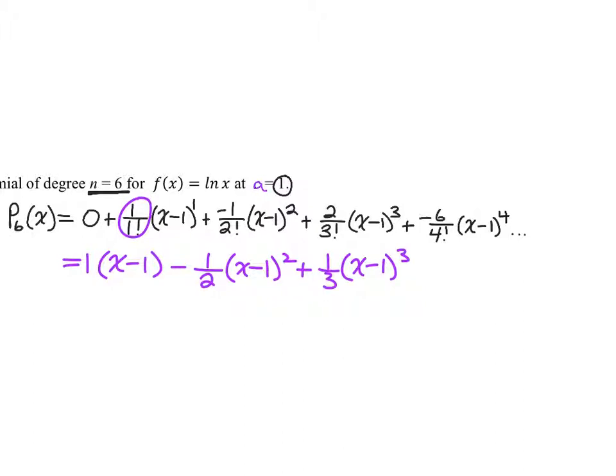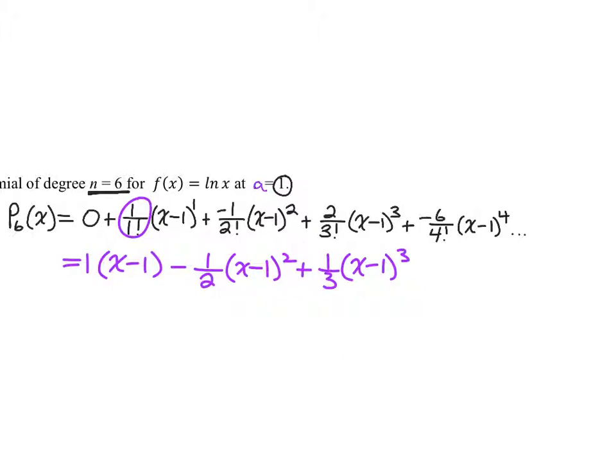Honestly, I think I have it at this point, because if you look at this, the coefficients' denominators seem to match the exponent in each case. If this had a denominator, it would be 1, and if I wrote the exponent here, it would be 1. So I'm in pretty good shape.